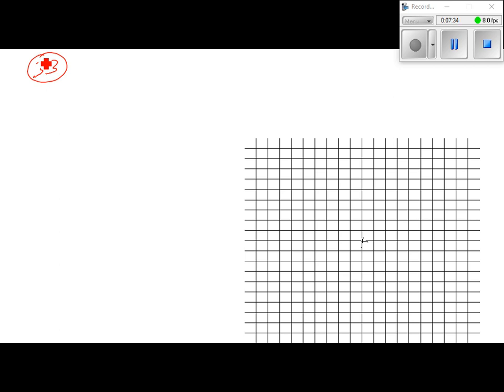C is -5, 4. That's supposed to be a comma. And B is -2, 5. Give me a second, I'm going to graph these.